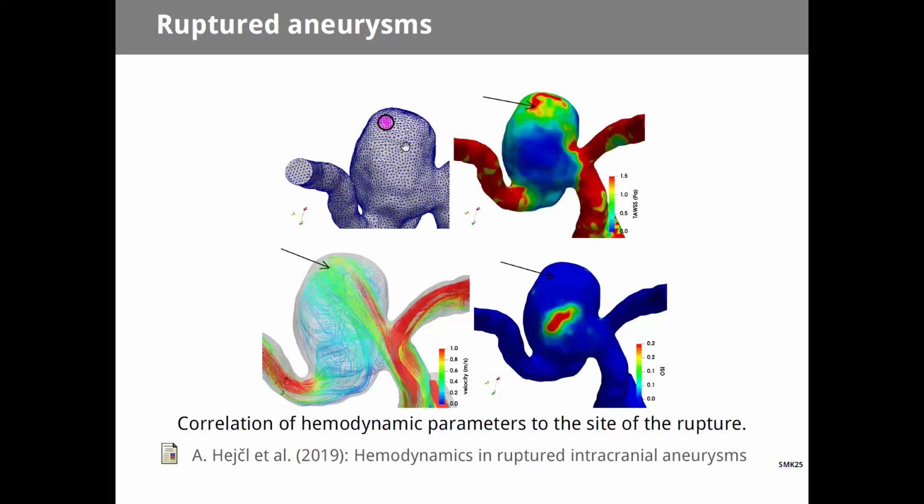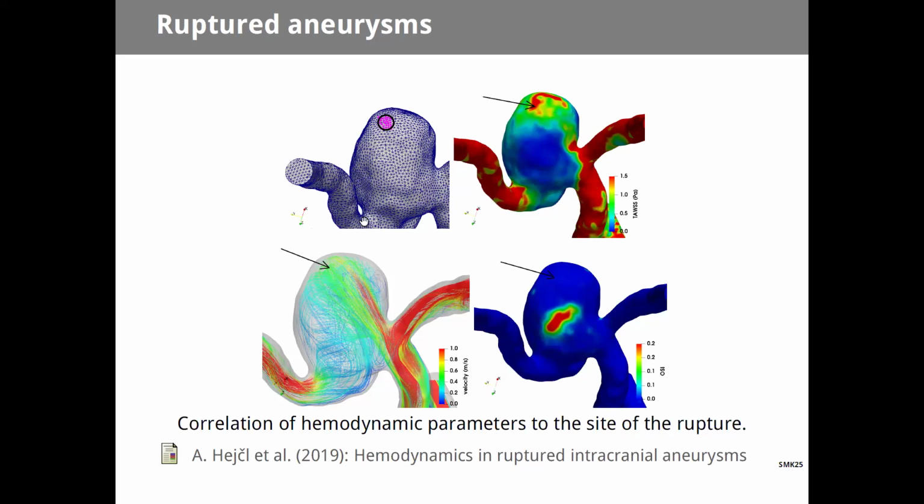So we had the location of the rupture site, and the study was to compare hemodynamic quantities like the time average wall shear stress, which is here, or the oscillatory shear index, to see if there is a good correlation with the possible rupture site.